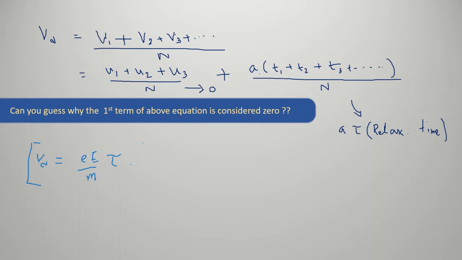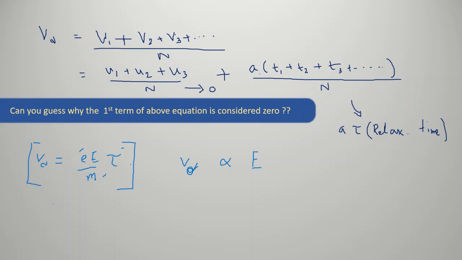This is an important expression which often comes in numericals, and it shows that VD is proportional to the electric field that is applied across the conductor, because small e, m and tau will be constant.